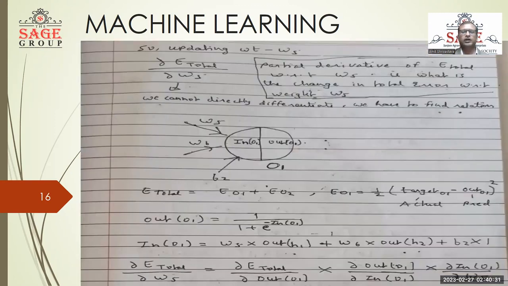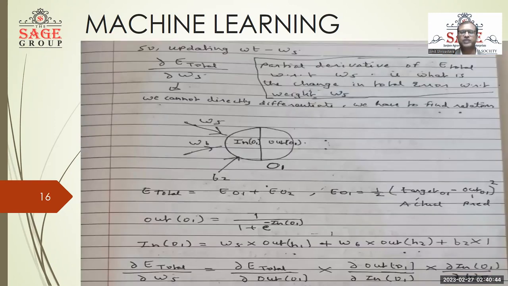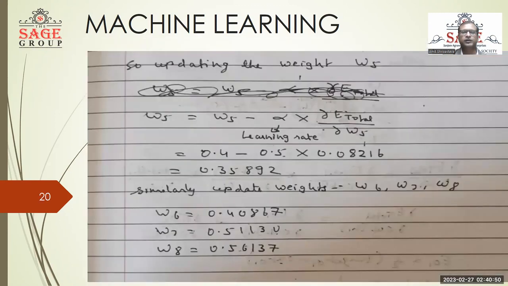Okay. Now, this is my numerical. This is my data. Now I want to update this weight W5. Let us assume this is the weight W5 which I want to update. So what will be the formula as per my gradient descent principle? My formula will be like this.